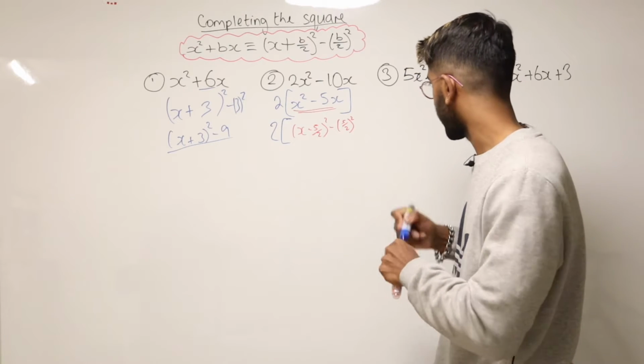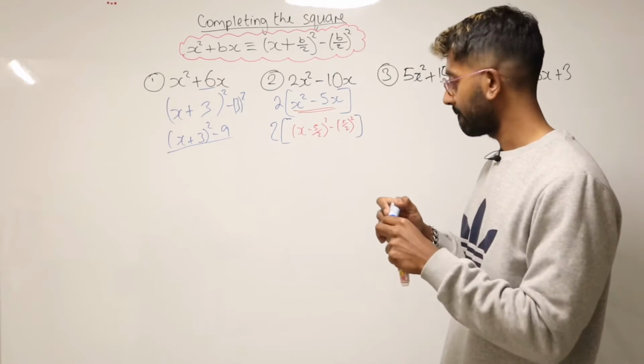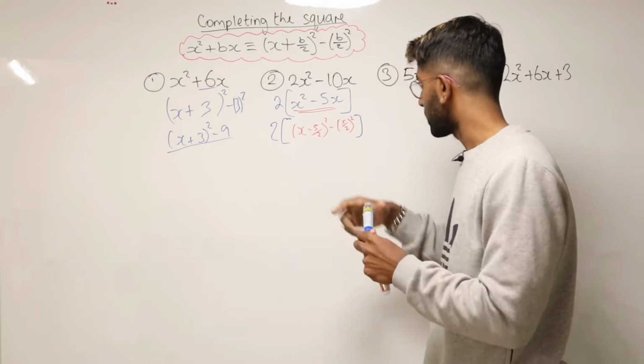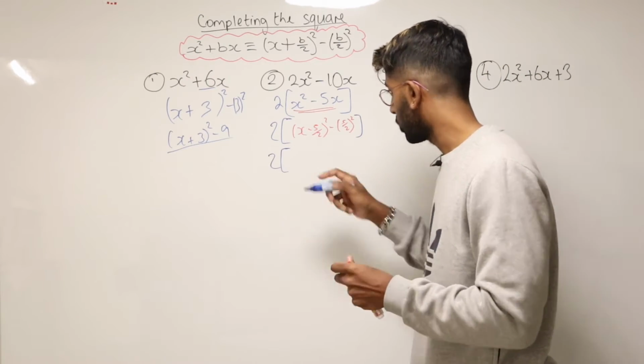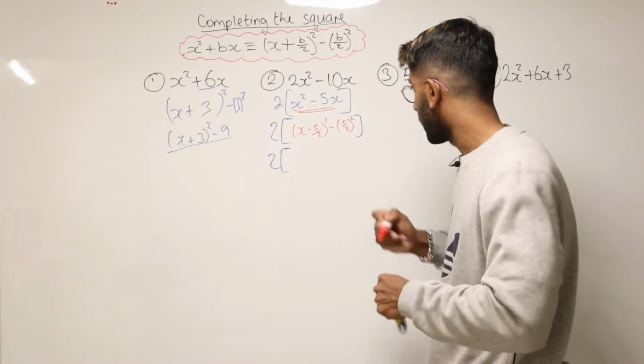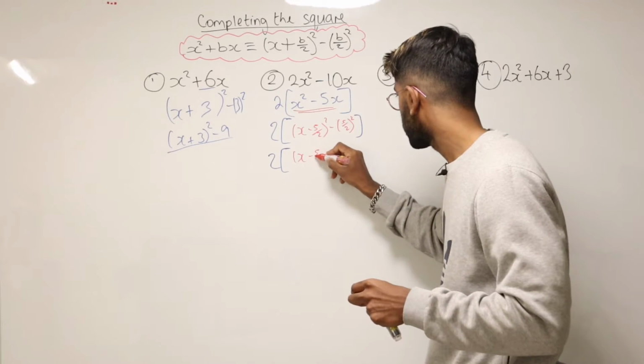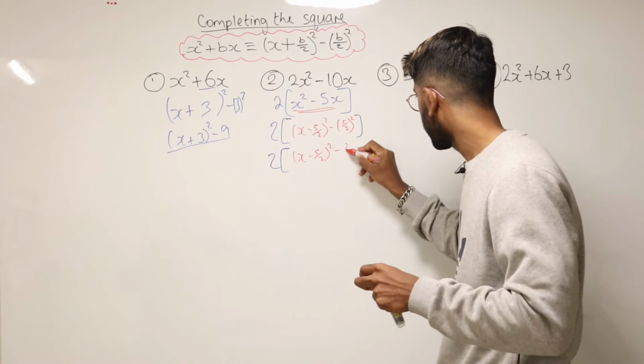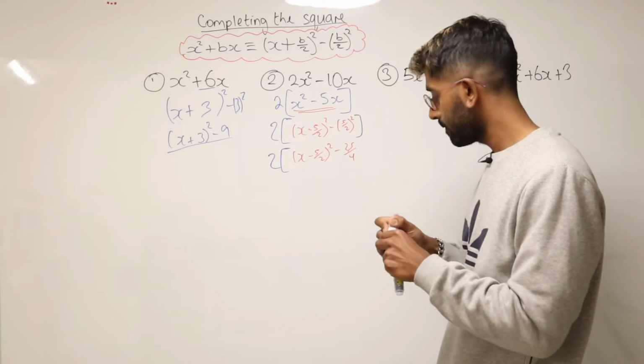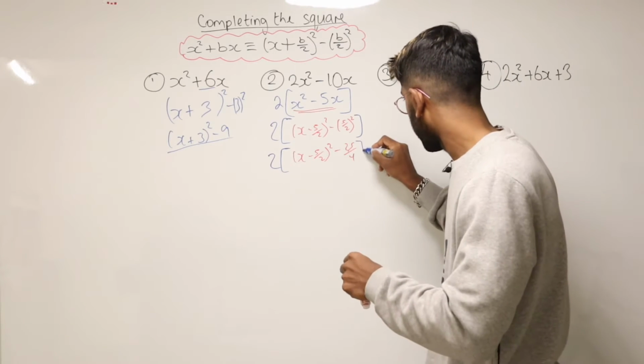Then I'll close off that bracket there in blue, like that. Okay, so let's neaten this up inside here. So we'll have 2, open bracket again, and then we'll have x minus 5 over 2 squared, take away, this will be 25 over 4, and then finally close that off there.